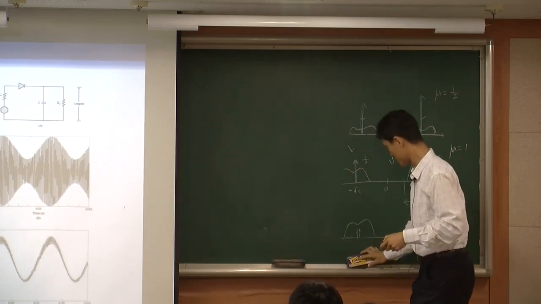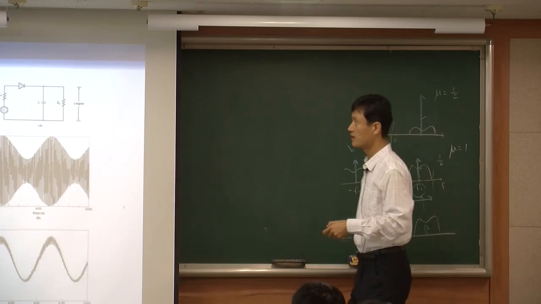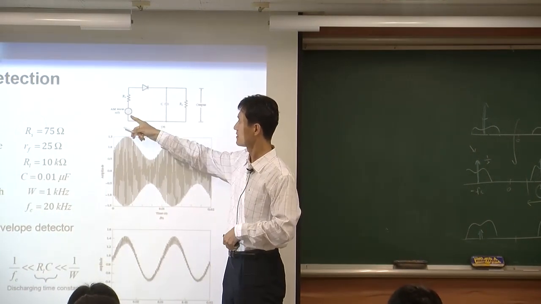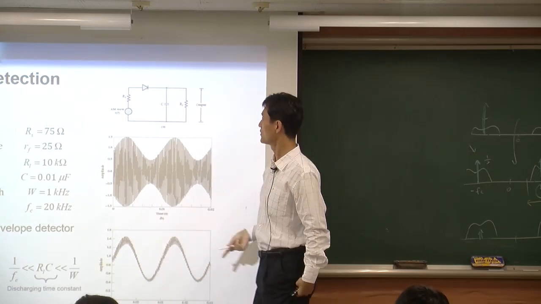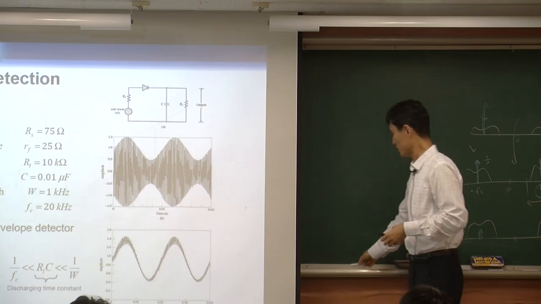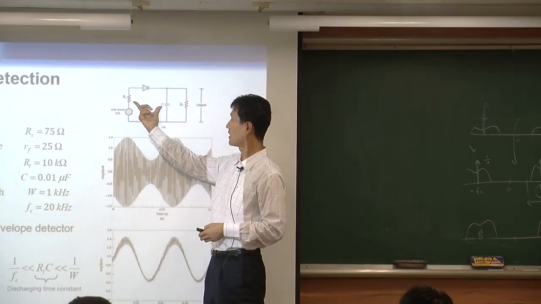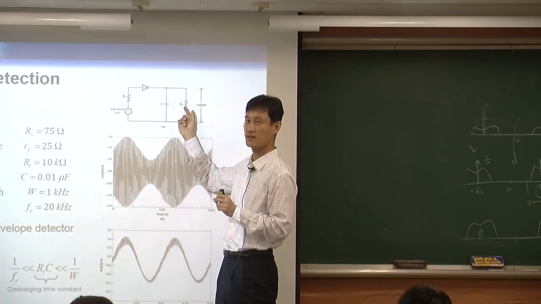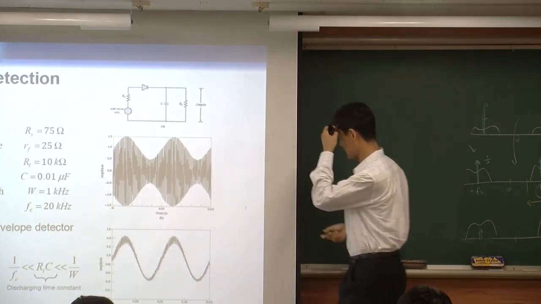It's a very simple circuit, right? You have only one capacitor, two resistors, and one diode or something like this. Very easy to do. The important part here is this RC circuit, another RC circuit. That's the important thing.